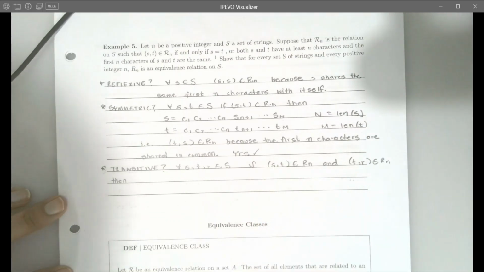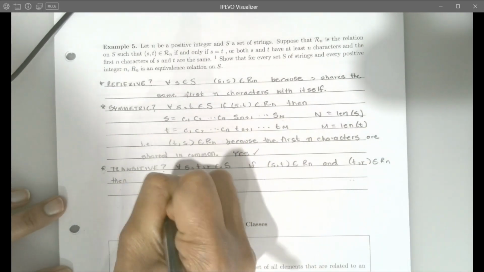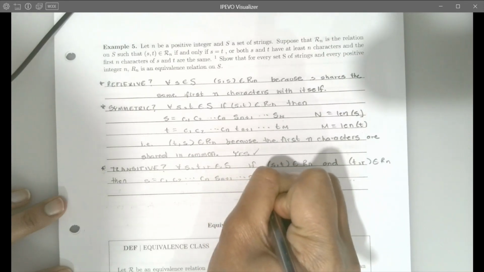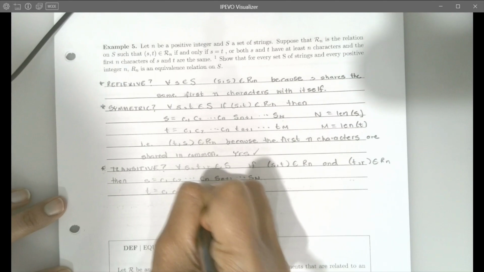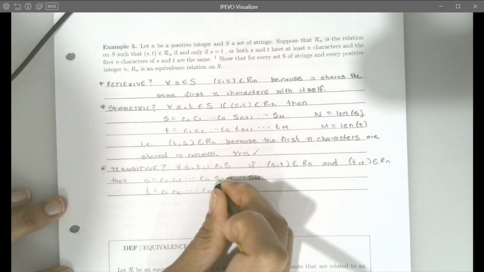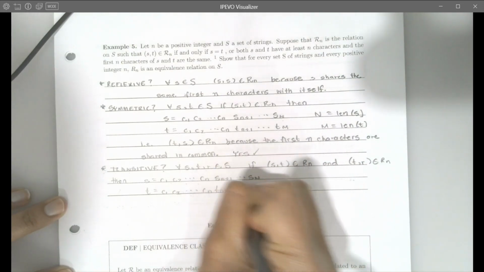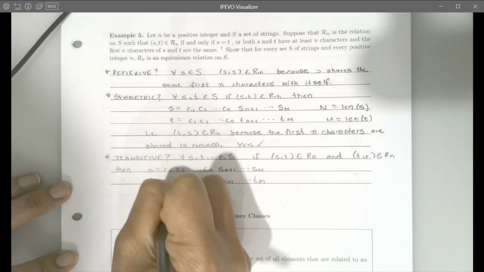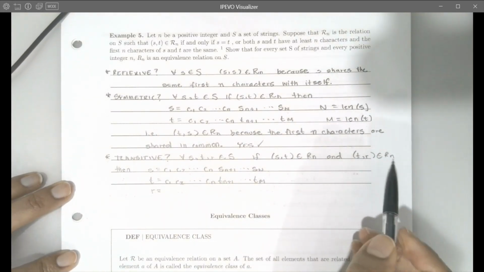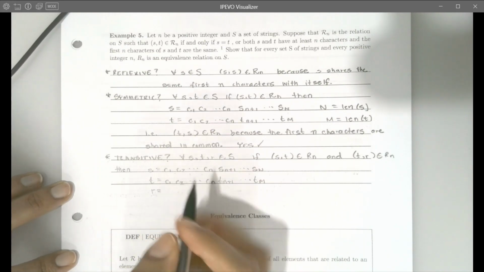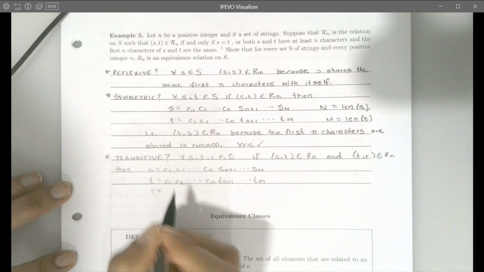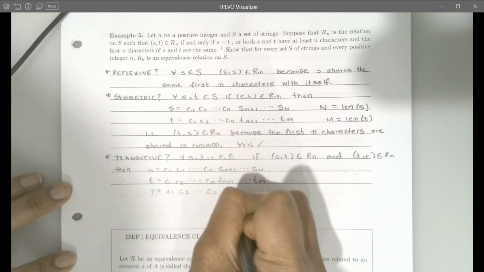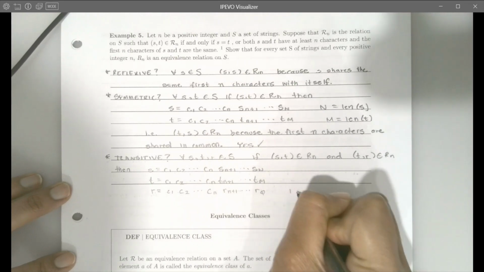Well, if S comma T is part of the relation, then S has characters C1, C2, down through Cn that are shared in common with T. We also have a string R that, because we have the ordered pair T comma R as part of the relation, means that the first n characters of R have to be the same as those of T. So it is going to have C1, C2, down through Cn, and then Rn plus 1, and maybe down to Rq, where q is the length of R.